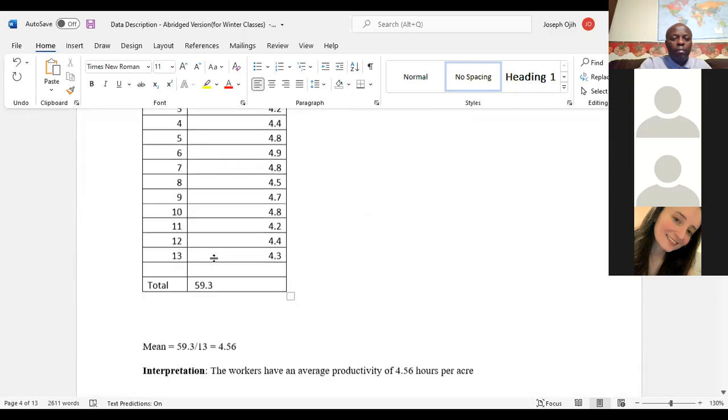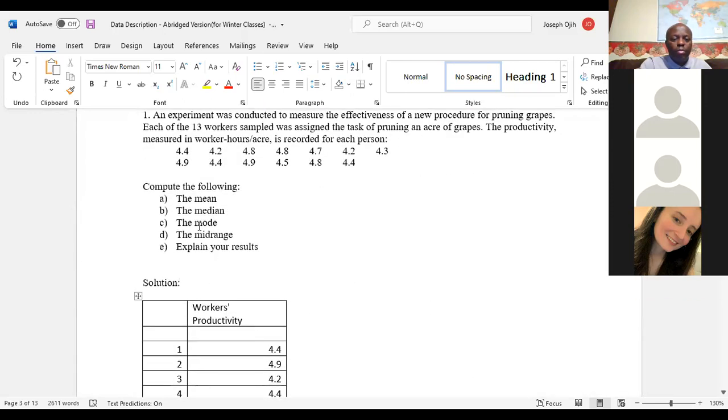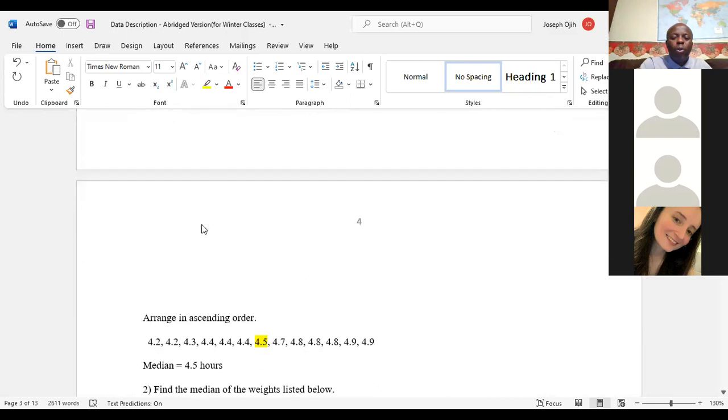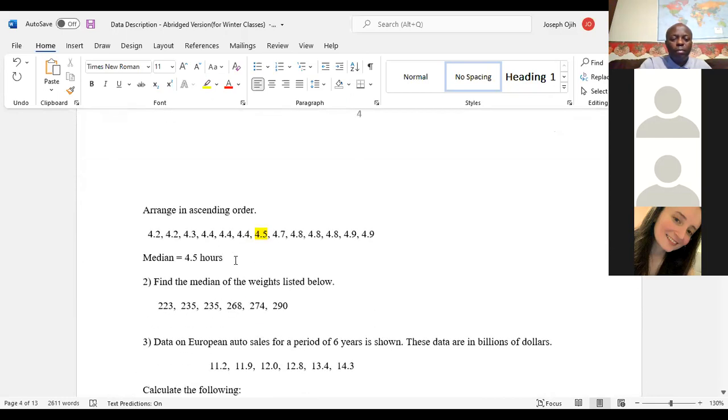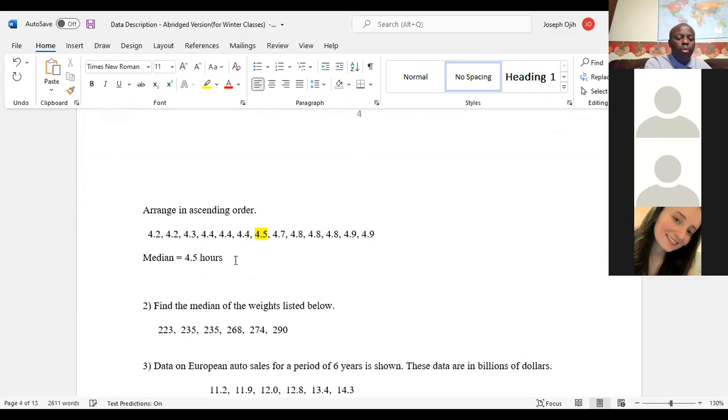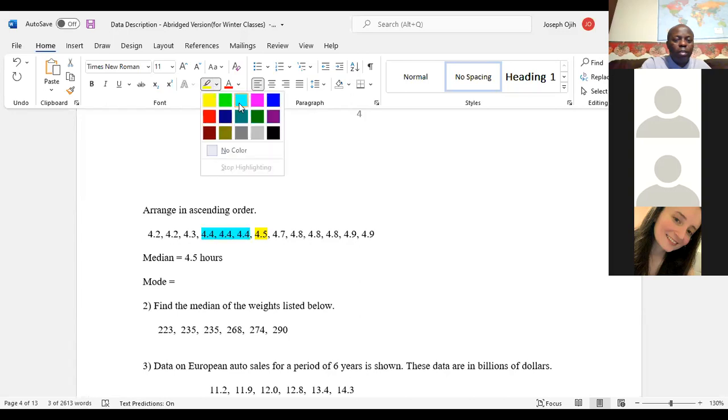Now the question says, find the mode. The mode is the one that occurs most often. So our mode here, you will discover that we have this number 4.4, 4.4, 4.4. We also have 4.8.